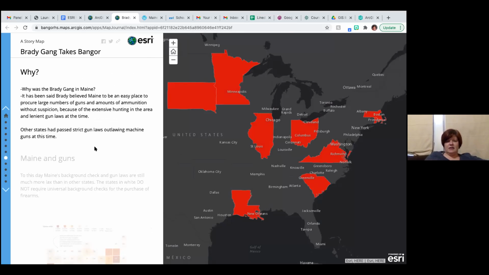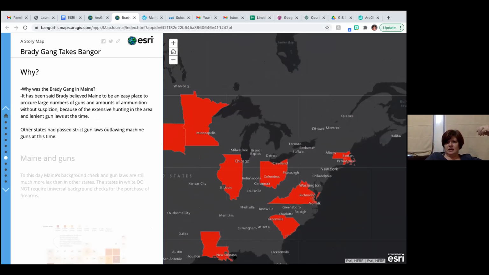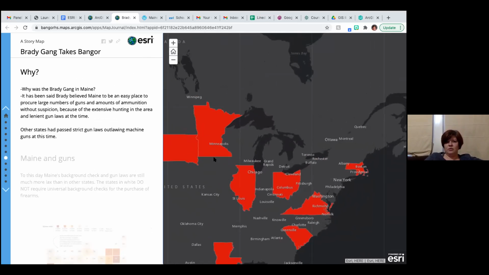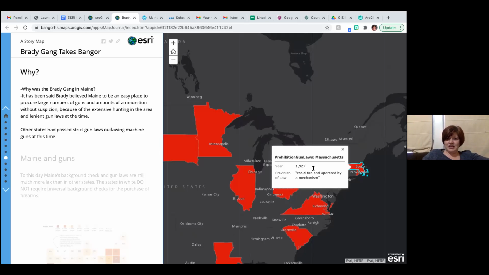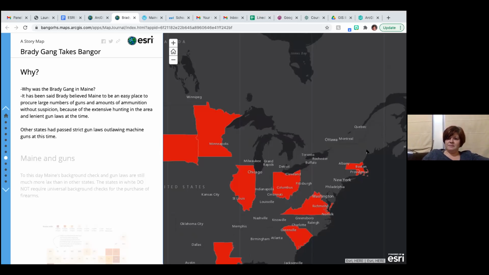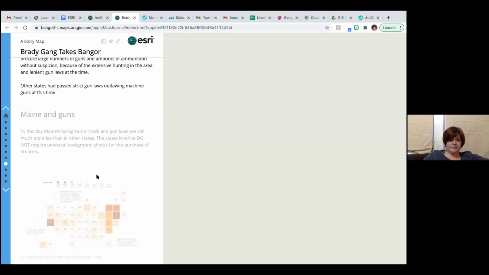She looked at gun laws and how gun laws had changed throughout history, and how Maine didn't have many gun laws at this time. And she put in the years and what the provision of the gun laws were at that time. Maine did not have that one.